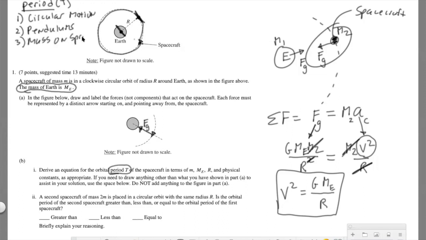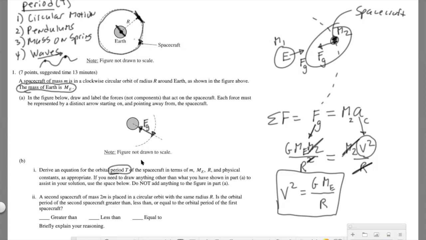And then lastly, you'll see period when it comes to waves. If you have a wave like this and the wave is moving past a point, if you're talking about period, it's the time for one full wave to pass you, from peak to the next peak.